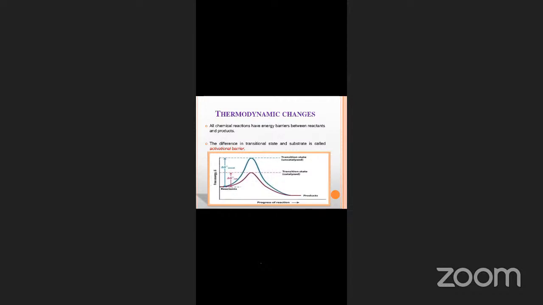So this can take place very easily compared to the first type. Therefore, the time will reduce and the reaction can take place very fast. In the first case, only a few substrates can cross the activation barrier and change into product. That's why uncatalyzed reactions are slow in nature.